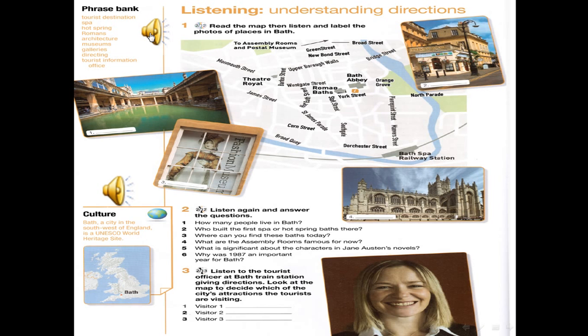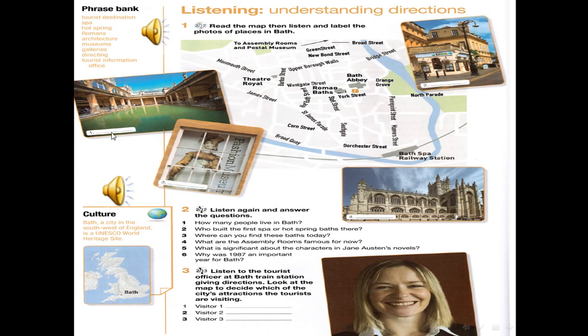Let's listen. Unit 9. Listening. Exercises 1 and 2. Bath is a city located in southwest England in the county of Somerset. With a population of 83,000, Bath isn't one of Britain's largest cities, but the 3.8 million yearly visitors make it one of England's most popular tourist destinations.